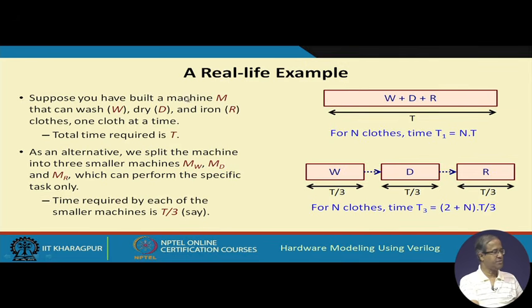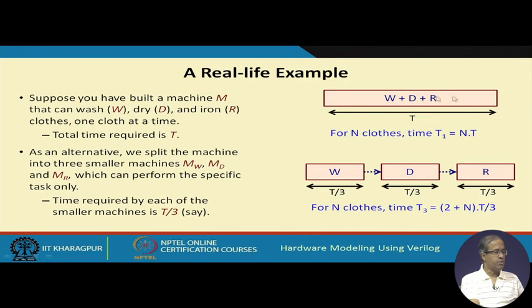This corresponds to a machine M, let us say, which can wash, dry and iron clothes one at a time. Suppose you have manufactured such a machine which will take one cloth at a time, automatically wash, dry and iron, and give you the nicely ironed cloth as the output.